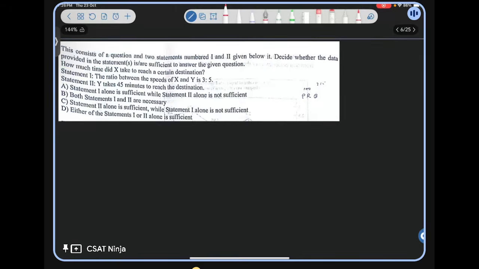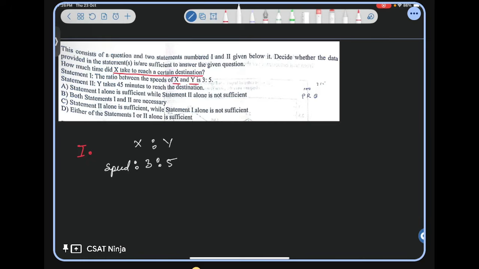The next question here is, what is asked first? Let's try to find how much time X took to reach a certain destination. The ratio of the speed of X and Y is given in statement number 1, so I'm starting with statement number 1. It says the speed of X and Y is nothing but 3:5.